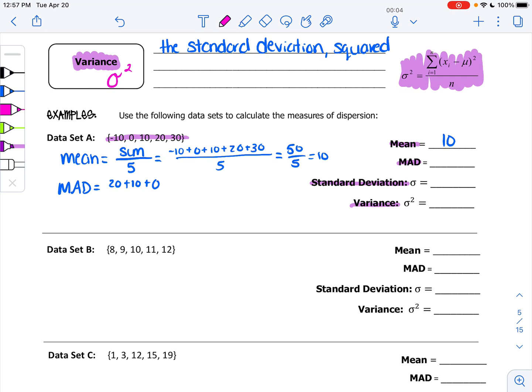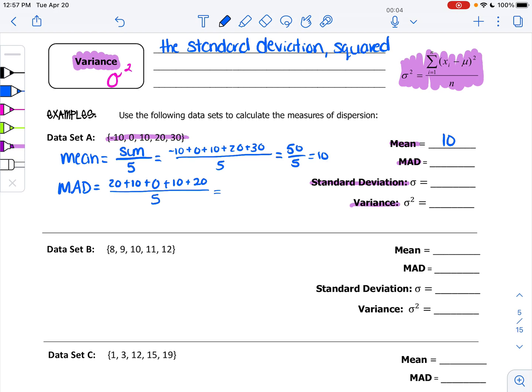Plus, our next number of 20. 20 compared to 10 is still 10 units away. And then 30 compared to 10 is 20 units away. And all of that divided by 5.